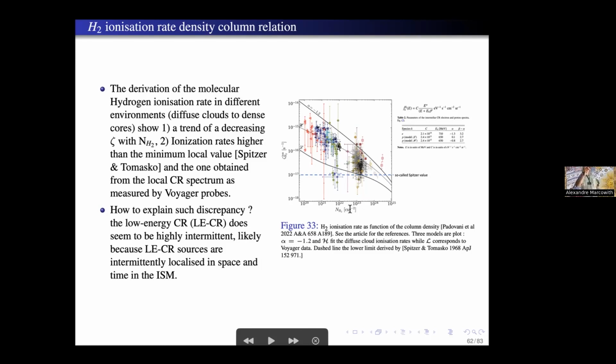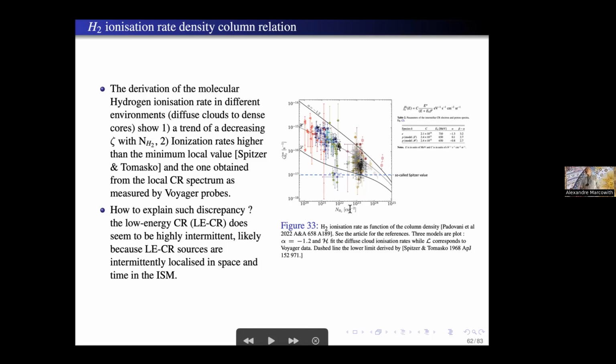You see that you have a lot of ionization rates above this line. How to explain it? Connected to your remark, if you immediately plug in the model extracted from the Voyager data, I think you are here.